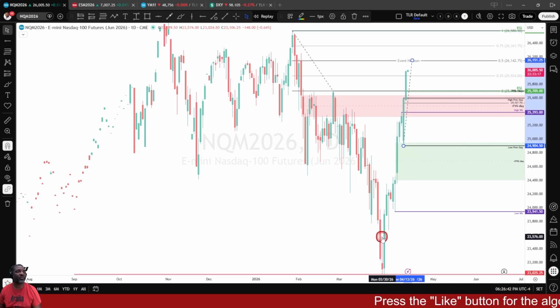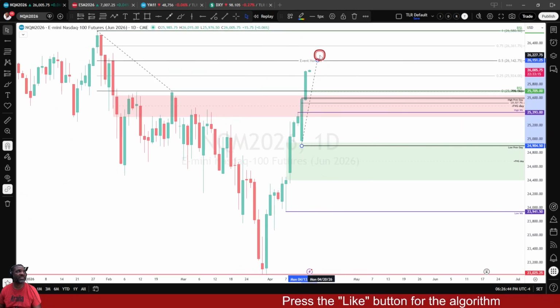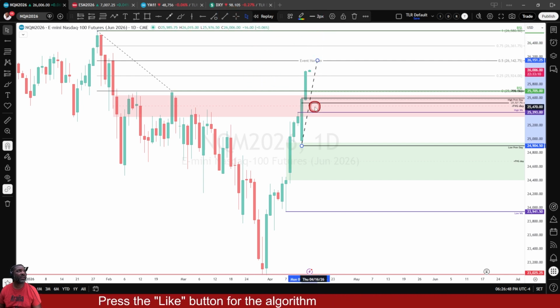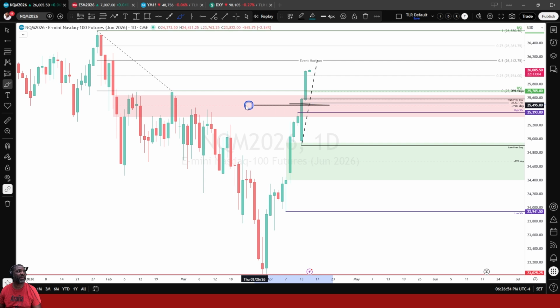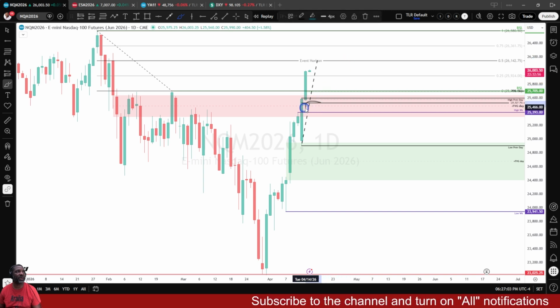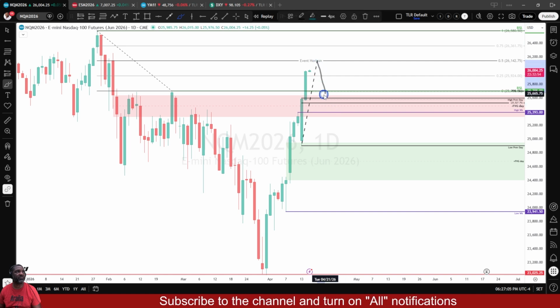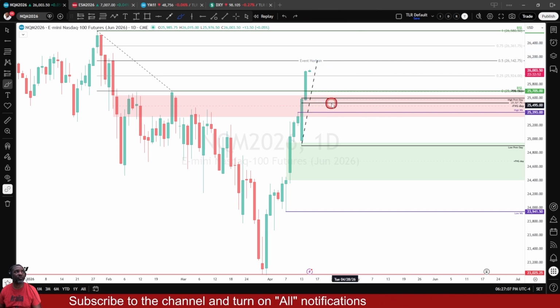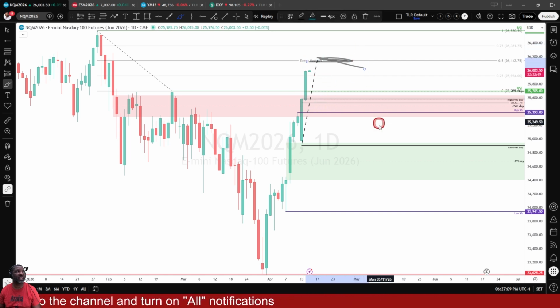If we go to event horizon and just turn around there, equilibrium of this expansion leg would bring us, if we came back to the consequent encroachment of that inversion suspension block, a nice low resistance liquidity run, coming back to a discount, offering a reason to buy. And that's just based off of hitting event horizon.